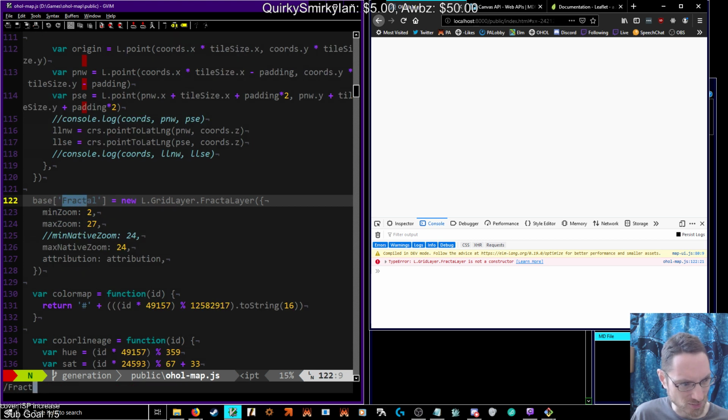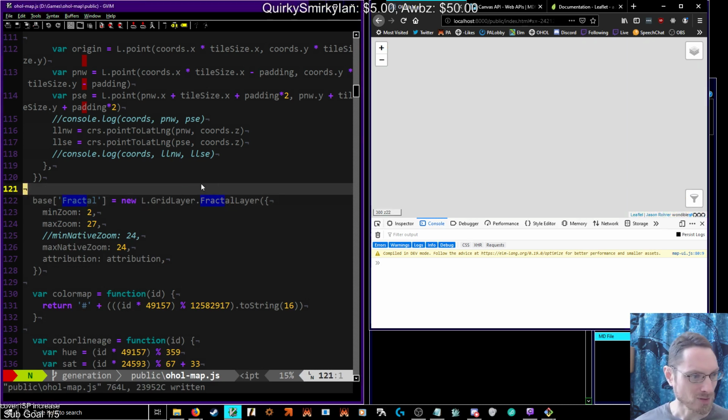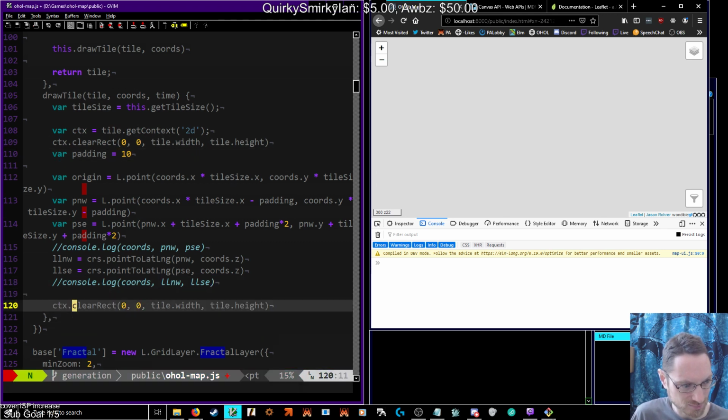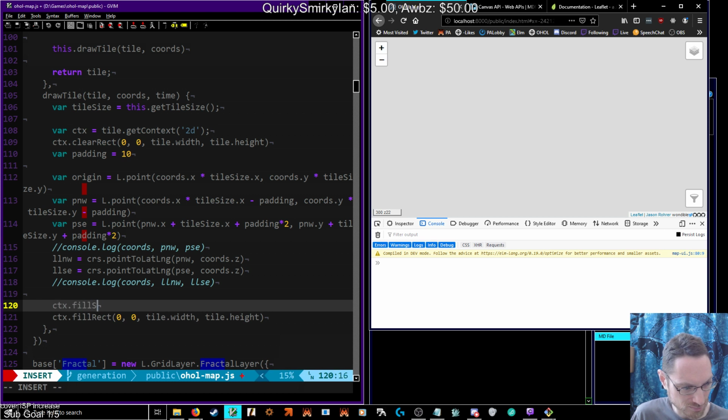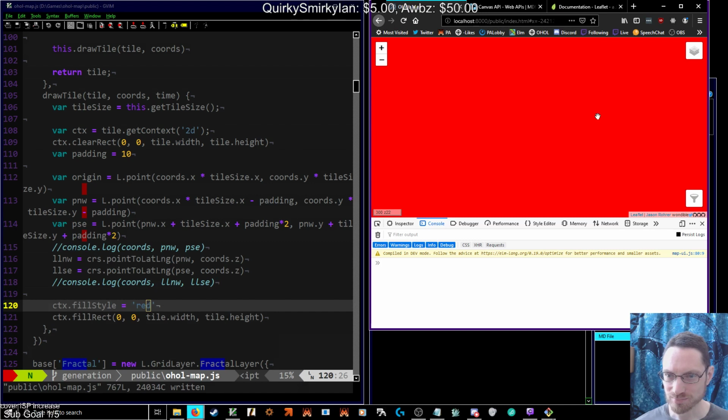Wait, we're missing something here. Fractal layer. Too many L's. And then we want to actually try and draw something. Okay, we have something that draws.